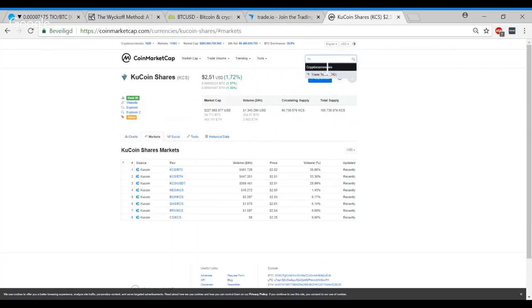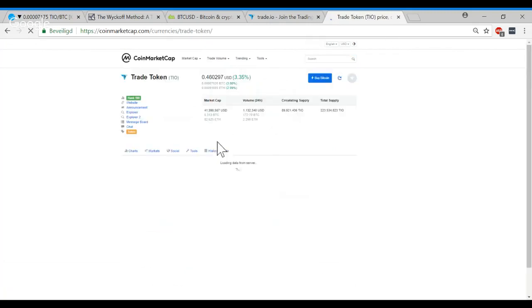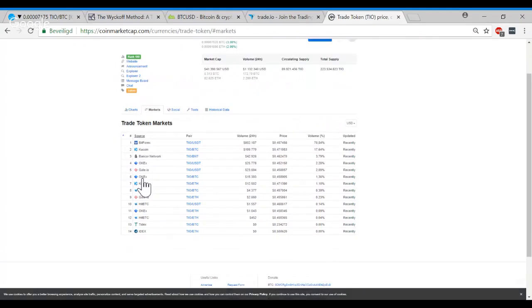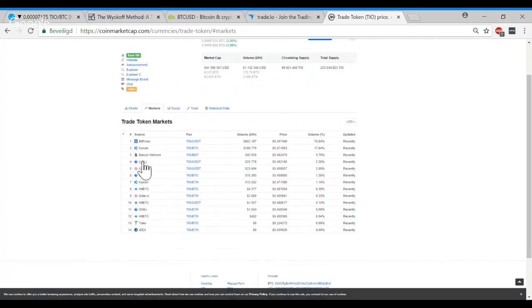KuCoin Shares are only on KuCoin. Now, if we go to Trade Token, you will see that this thing is on Bitforex. It's on KuCoin. It's on OKX. It's on HitBTC. And these are all big volume exchanges.